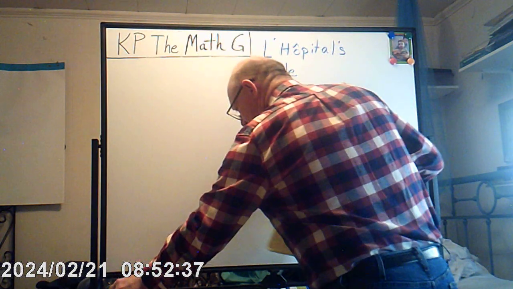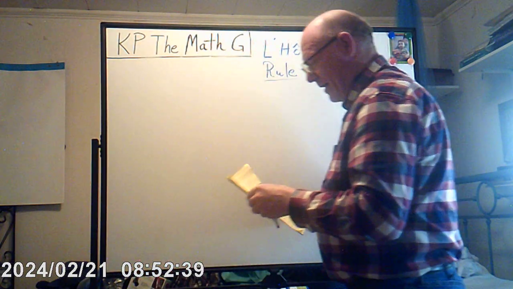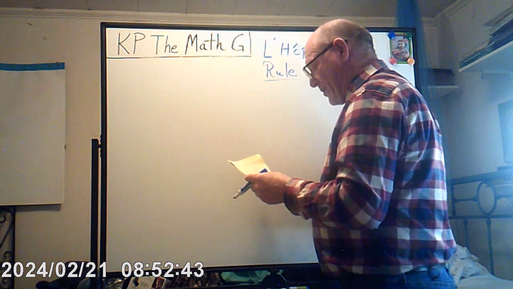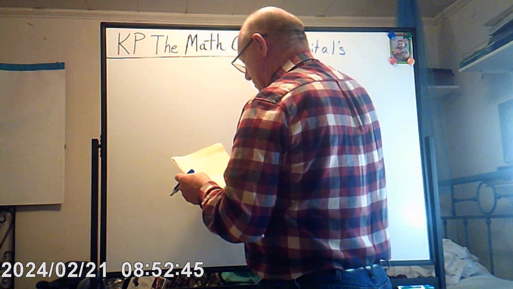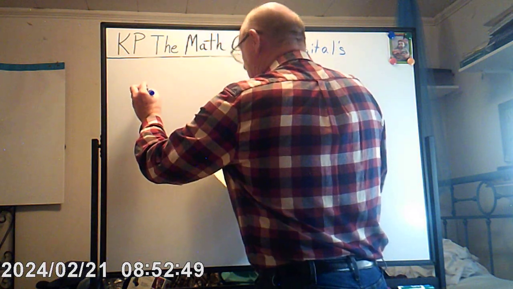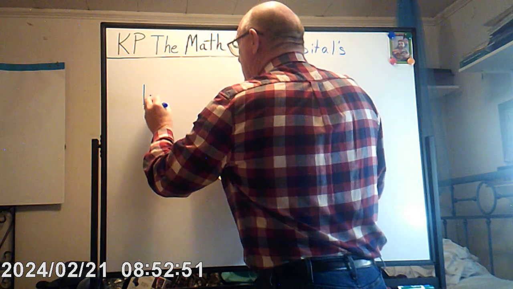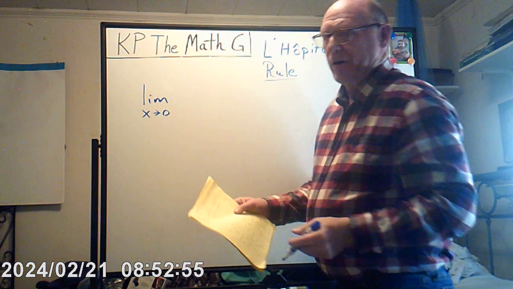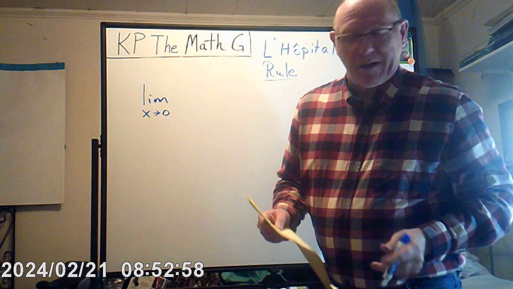Now, let's get another example, and let's try this one here. The limit as x approaches 0. So we're really probably looking at 0 over 0, right?